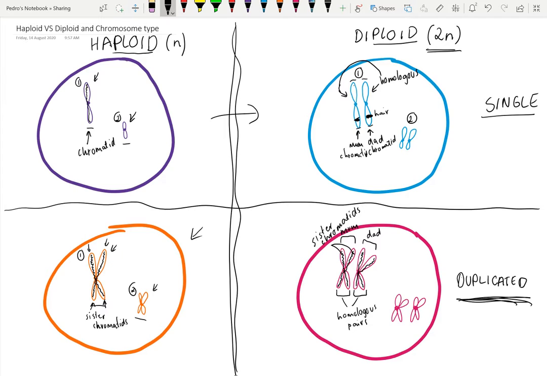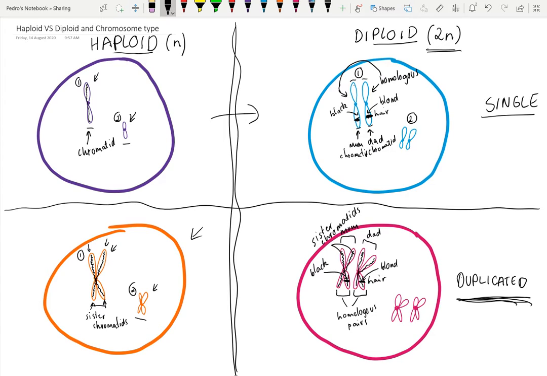Now, what does that mean? Let's go back to that hair example for the single-stranded. So let's say we have the hair gene here and the hair gene here. All right, we're talking about the hair gene. Whilst in dad's, this side up here for the single-stranded chromosome might have been blonde, whilst this side might have been black hair. For duplicated chromosomes, this might be blonde, and this here might be black.